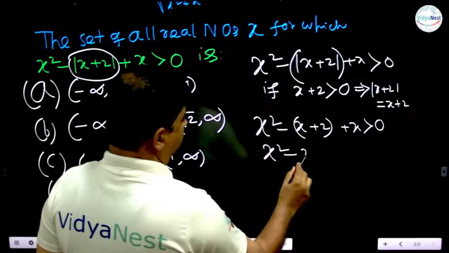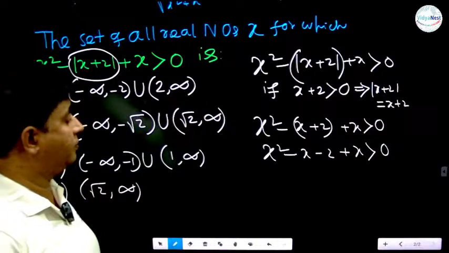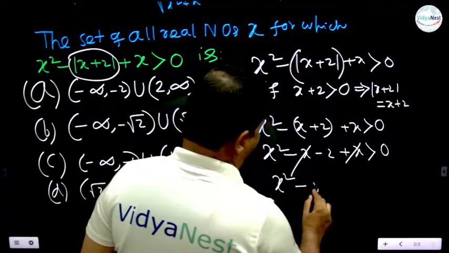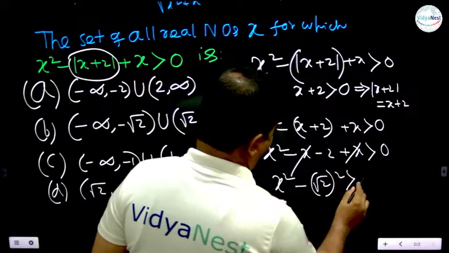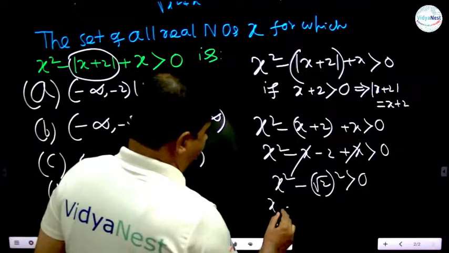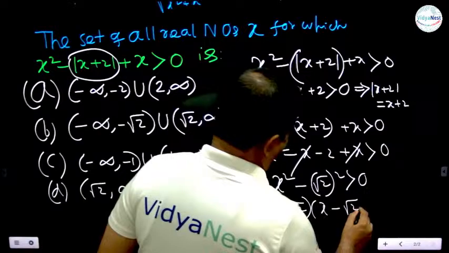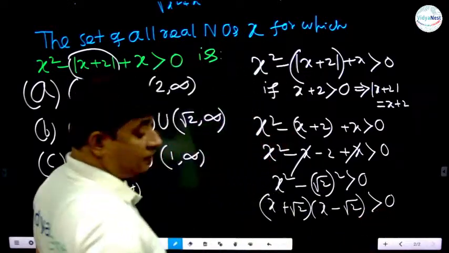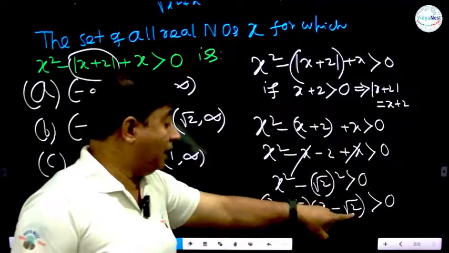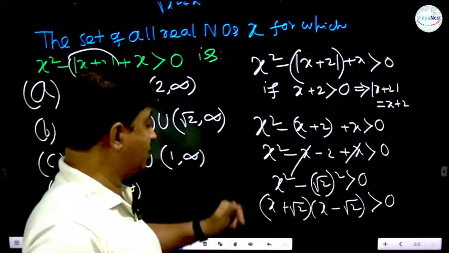x square minus 2, we can write 2 as root 2 whole square. So x plus √2 times x minus √2 is greater than 0. Few minutes back we already discussed this type of inequation which depends on the number line.